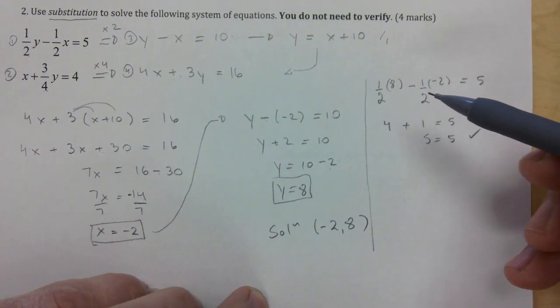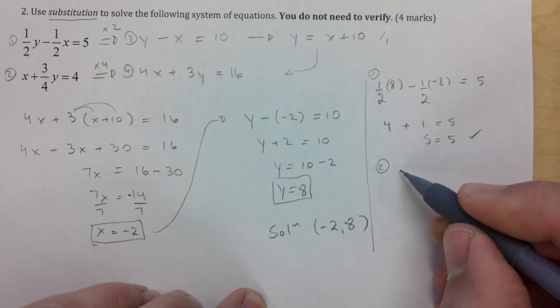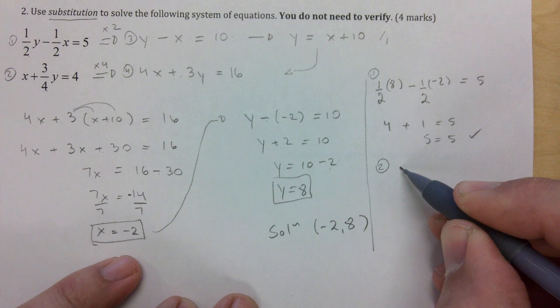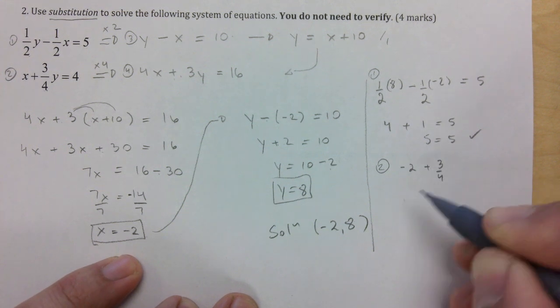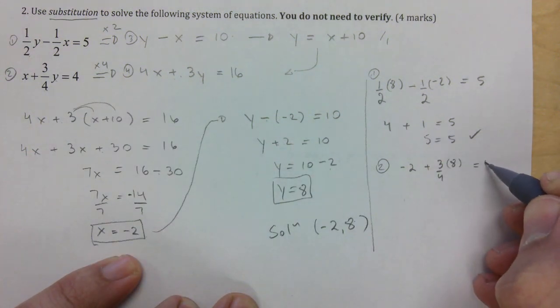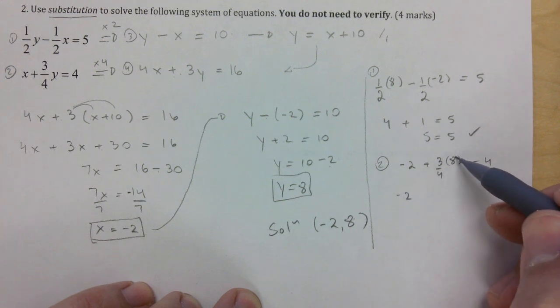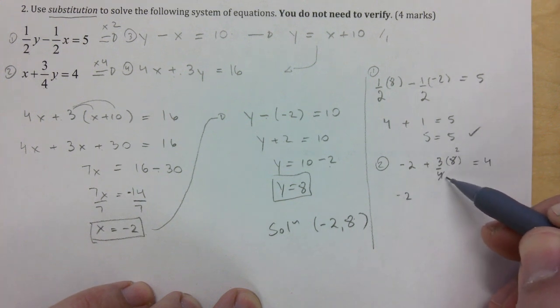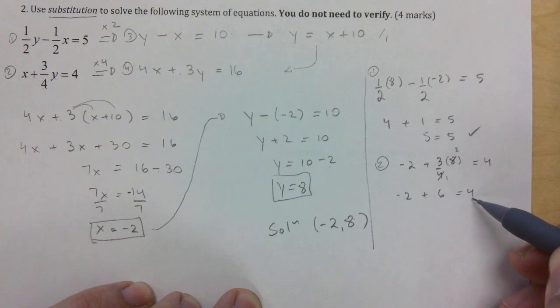So that's how you basically check it with the first one. Check it with the second one. It's negative 2 plus 3/4 y, and y goes in there, and that's supposed to be equal to 4. And so you have negative 2, 4 goes in here twice, goes in there once, so it's really 6 is equal to 4. So 4 is equal to 4, check.